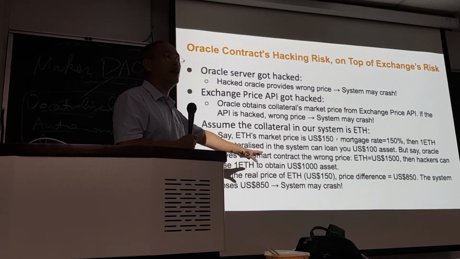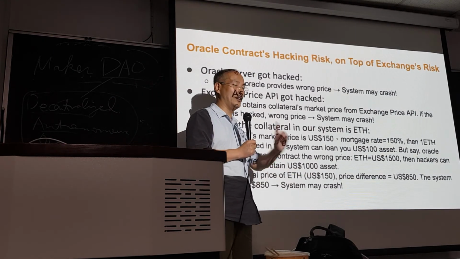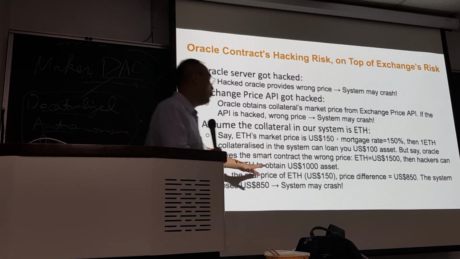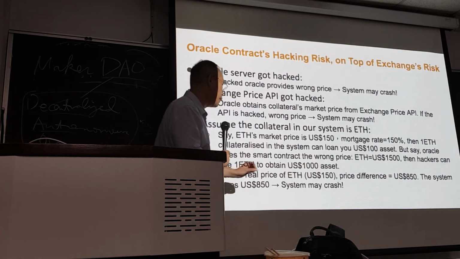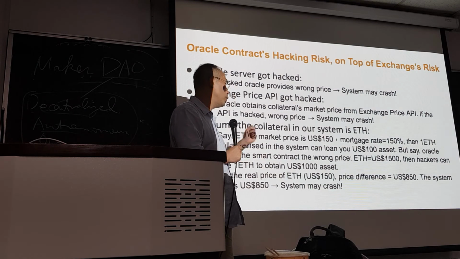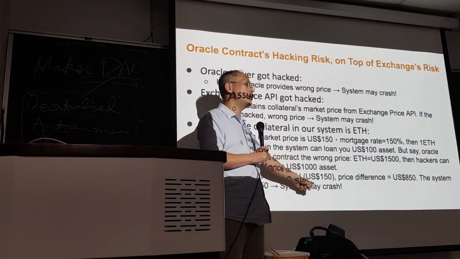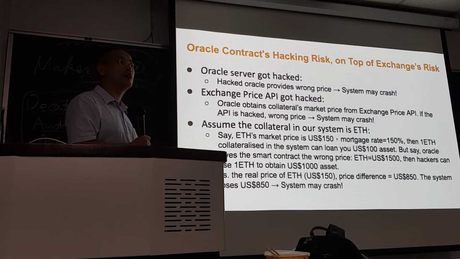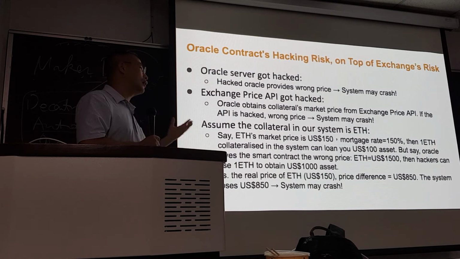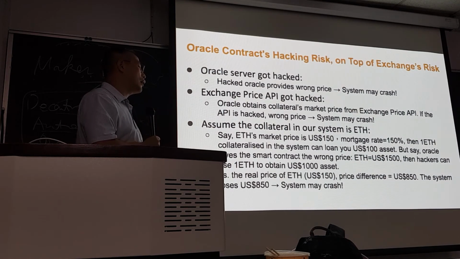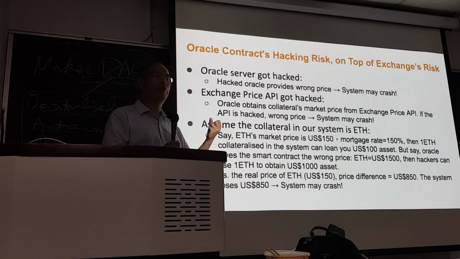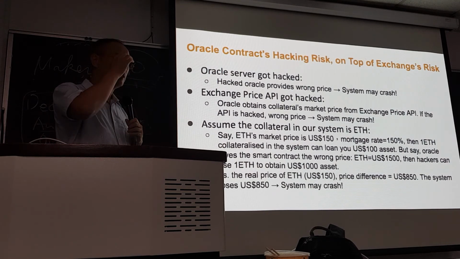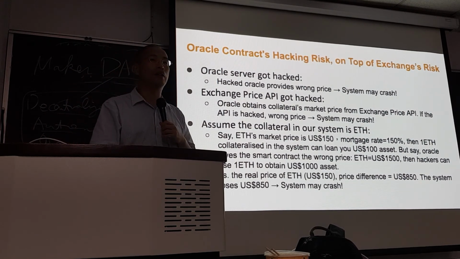Okay, a short while ago, 1 Ether is indeed US $150, but today it's $200, right? But back to this, the important thing is the price difference is 850, right? Because it's 1,000 minus 150, so the system loses $850. Okay, if the hack is everywhere, then I think the platform soon may not be able to operate further. Okay, so that's the important risk of DeFi.